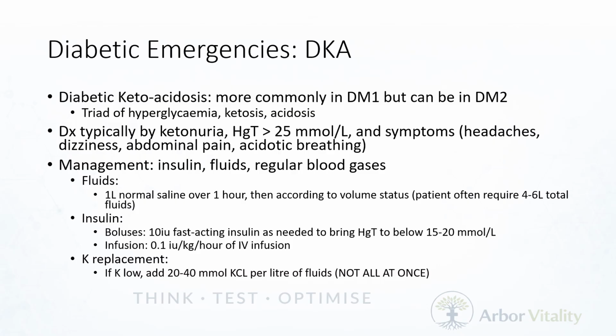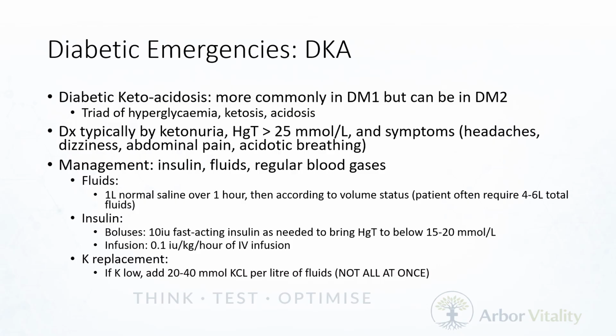Typically, you diagnose it by dipstick to see if there are ketones in the urine with a glucose more than 25, and if they are symptomatic: headaches, dizziness, abdominal pain, acidotic breathing. Those are some of the common symptom presentations.